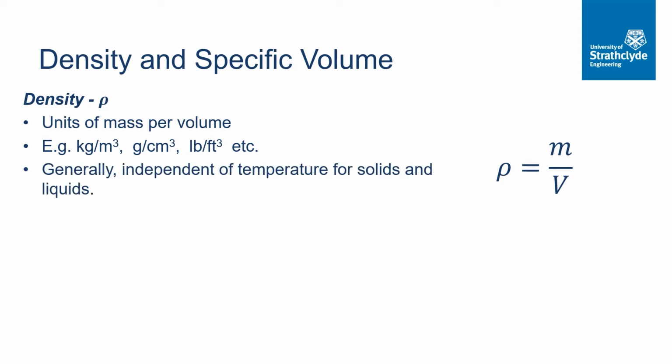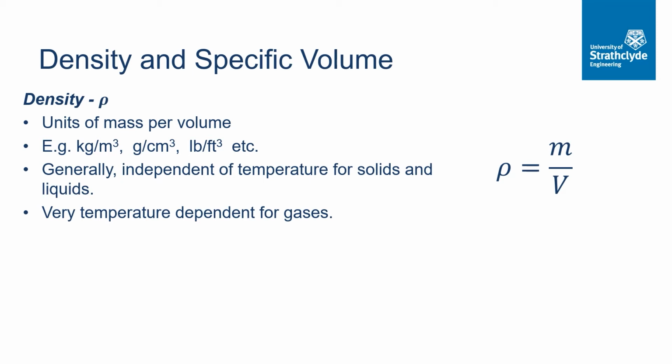And generally, the density is independent of temperature for solids and liquids, meaning that it's a fixed quantity for both solids and liquids. But it is very temperature dependent for gases. That is, the density will vary dependent on the temperature at which the gas is at.